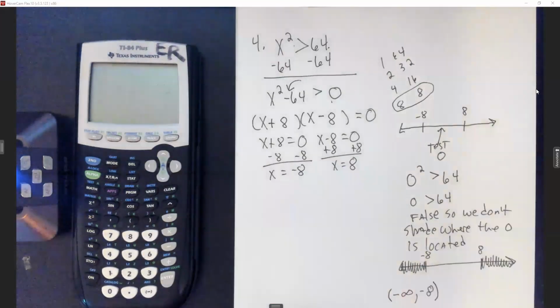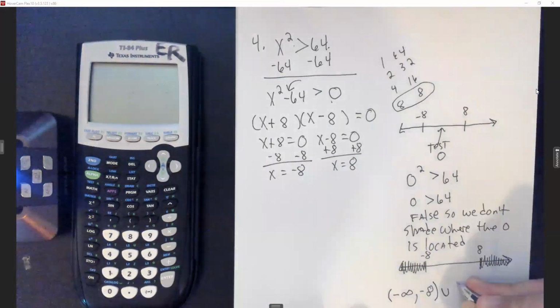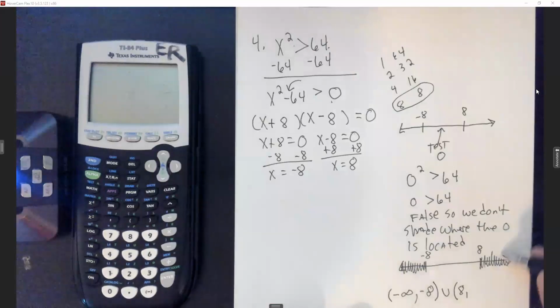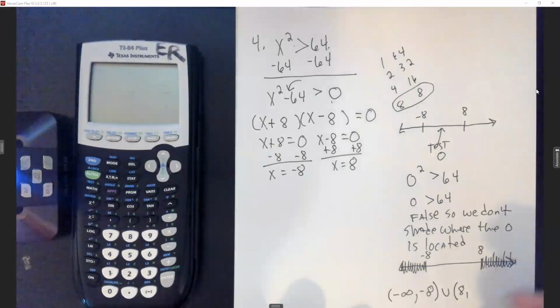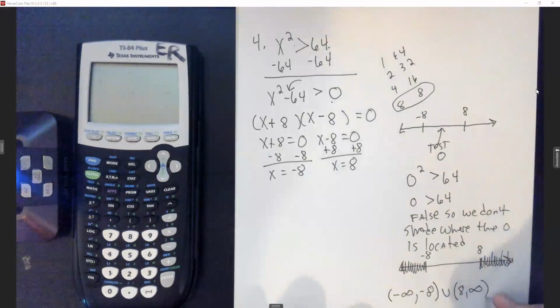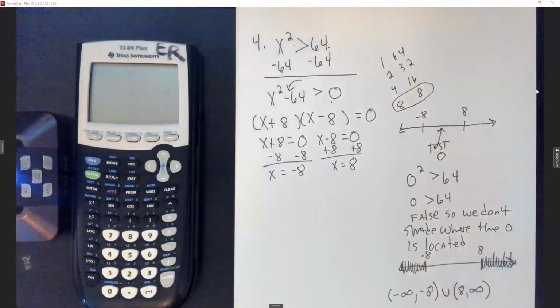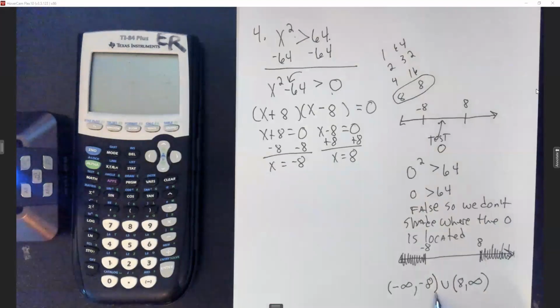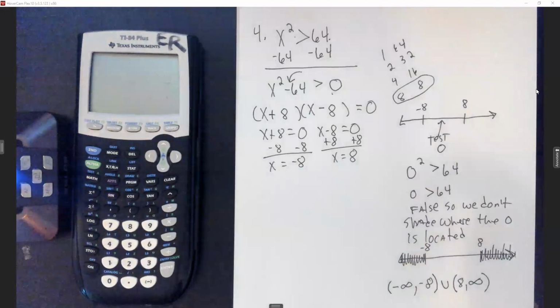And then union it, parentheses. You skip the middle, so it picks back up at the +8, and then it goes until it hits positive infinity. So, main thing you got to watch out for on these is, am I using parentheses or am I using those brackets?